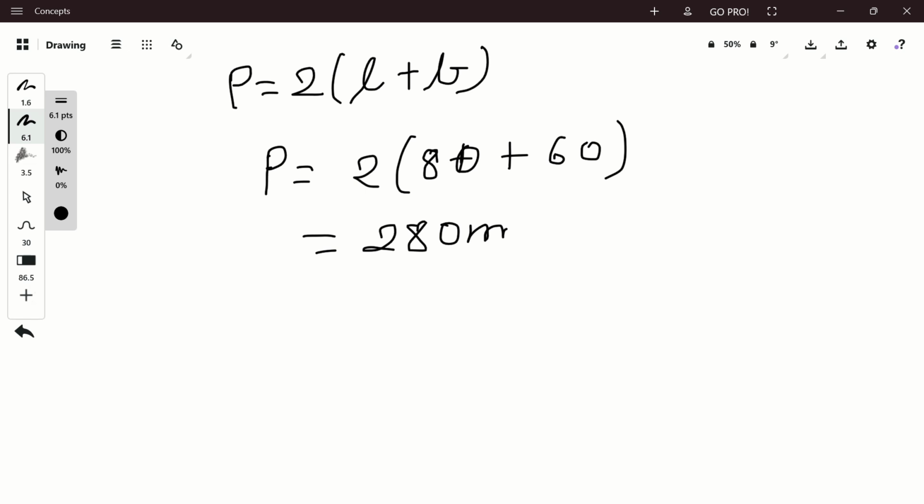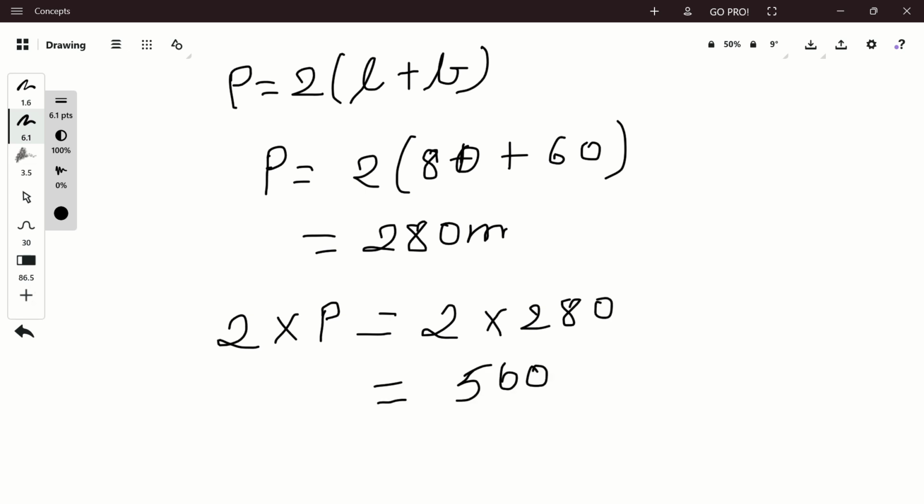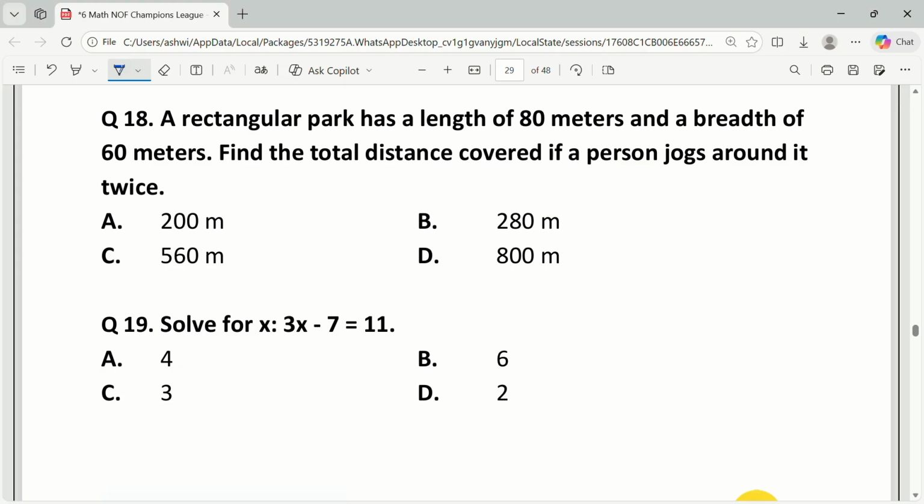A person jogs around the park twice, so the total distance is 2 into P, which is 2 into 280, which is 560 meters. Comparing with the given options, the answer is C, 560 meters.